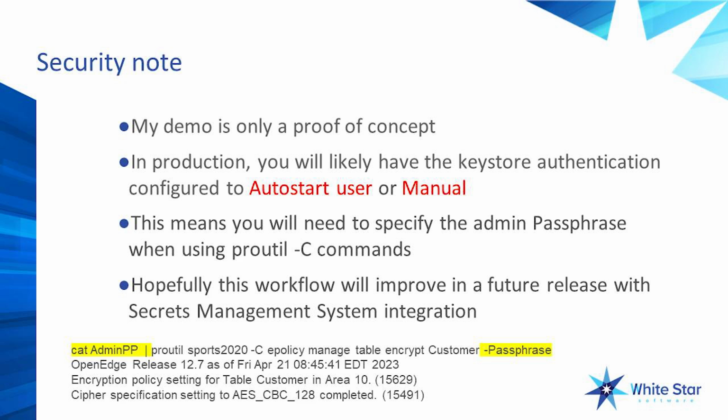Neither of these, in my opinion, are a great solution because you're either exposing that sensitive passphrase in the file system or in a script, and in the process list for that echo command. So I don't know of a better way to do this. Maybe there is one. And hopefully this will get better in the future. As Rob Straight mentioned yesterday, there's work on integrating with secrets management systems, and hopefully we'll see that in TDE.